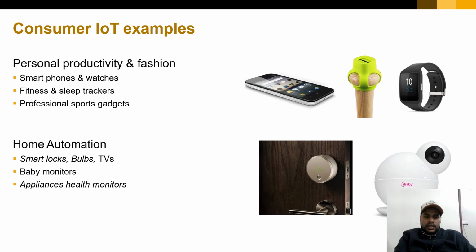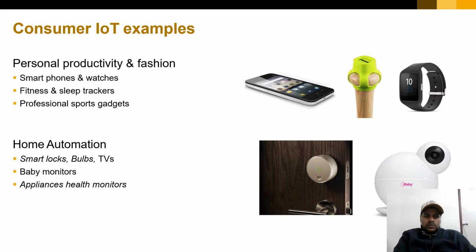The fitness tracker tracks your sleeping patterns, how long you are sleeping, and whether in between you wake up, turn over, or come out of bed. These are all examples of fitness and sleep trackers. There are also professional sports gadgets used by professionals in various sports for enhancing resilience in their sport and increasing their productivity.